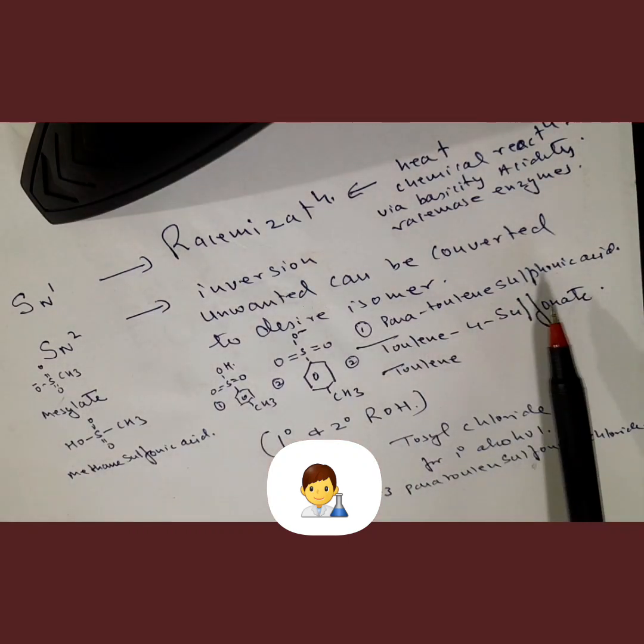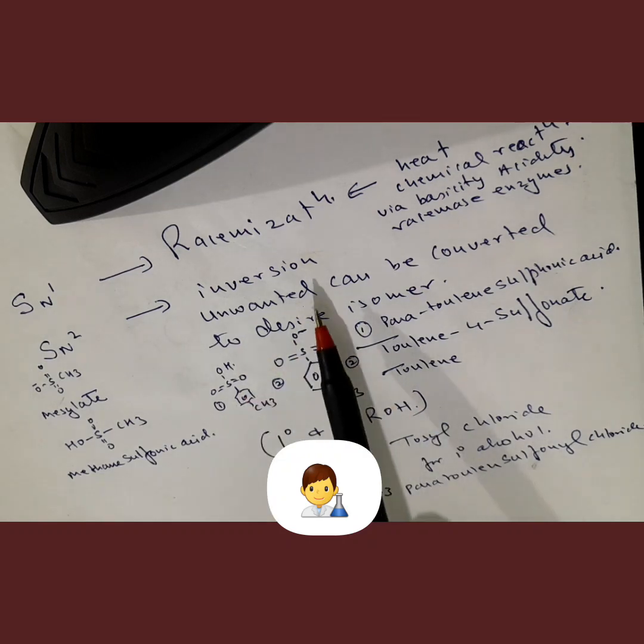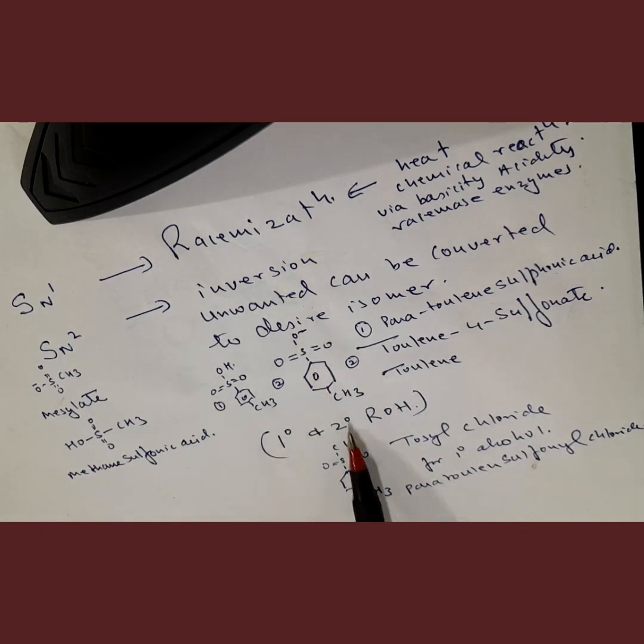If we focus over here, we have paratoluene sulfonic acid, which we can also call sulfonate. Now, when sulfonate gets attached to any alcohol, this can help us for the SN2 mechanism for primary and secondary alcohols, whereas tosyl chloride, toluene sulfonyl chloride, can help us only for primary alcohols.